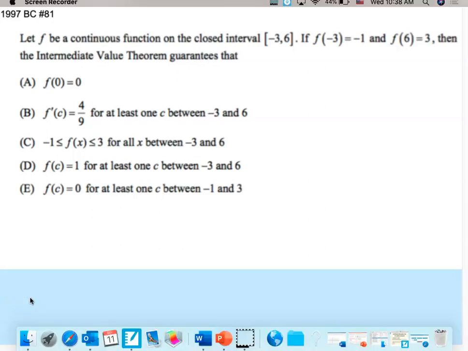So this group right here, Mahika's group. Are there any answers that you could just eliminate? A. Yeah. You can eliminate A. Why?